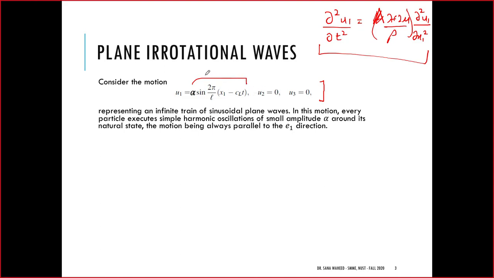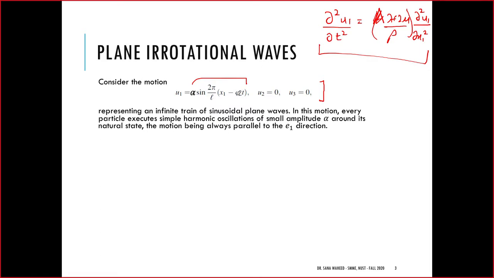What's happening here? We have the u1 component, and that's actually a function of some constant alpha. So this is a constant alpha, and then sine of 2 pi divided by L, again some constant L, times x1 minus C_L t. Now, I know that there seems to be a lot that has come up all of a sudden, this alpha, L and C_L. But the thing to note about these is that they're constants.